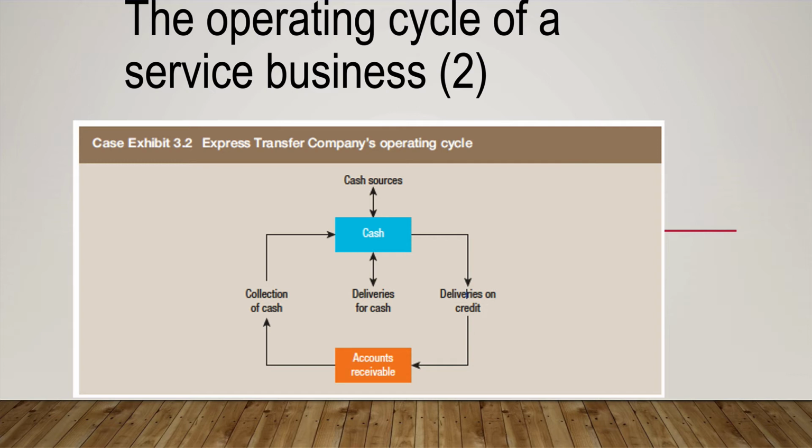And so they collect cash either by collecting on their accounts receivable or through just delivering for cash. Sometimes they deliver on credit that creates cash receivable, right? So that's what the operating cycle would look like for a DoorDash or a delivery service type business.